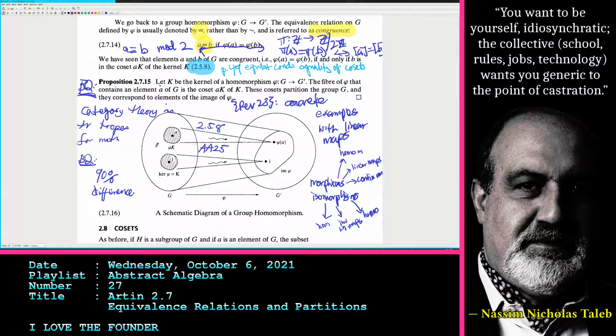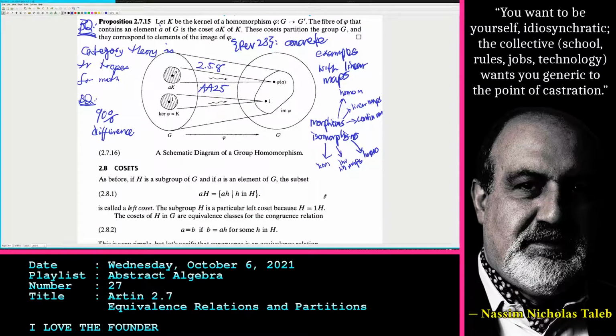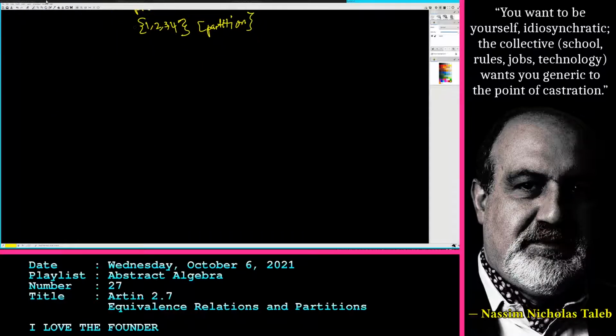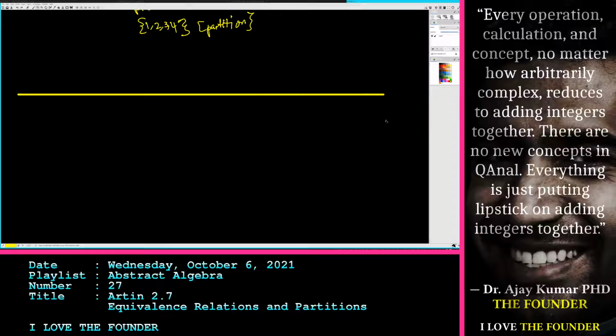Maybe I can draw a better diagram to illustrate this. Okay, we have a number line, and we have our equally spaced points on the number line.